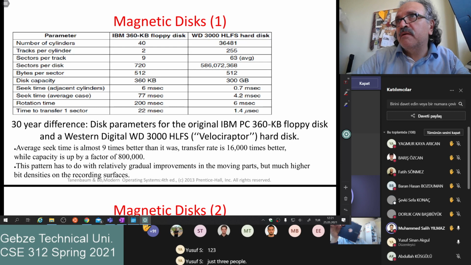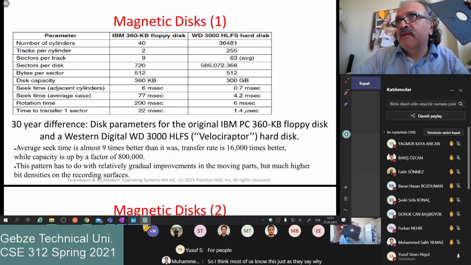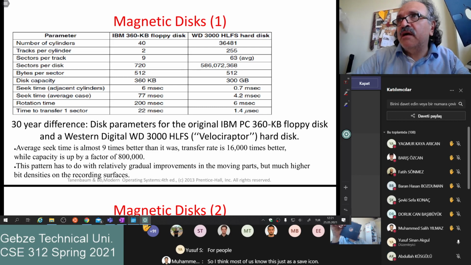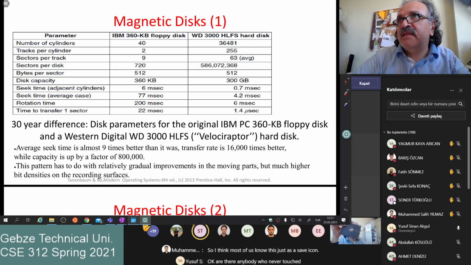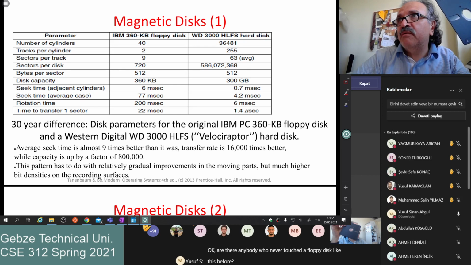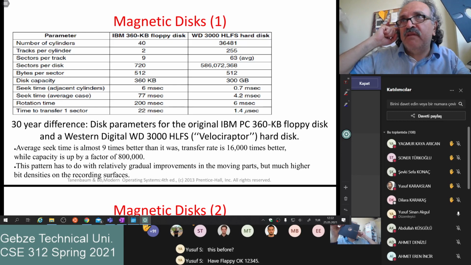Sir, I think most of us know this just as a save icon. But you did not use it. Okay, is there anybody who never touched a floppy disk like this before? 1, 2, 3, 4, 5. 5 people did not touch a floppy disk.